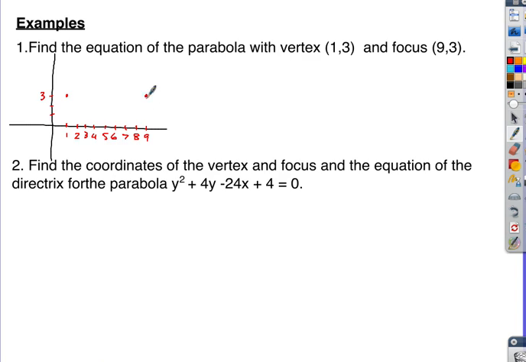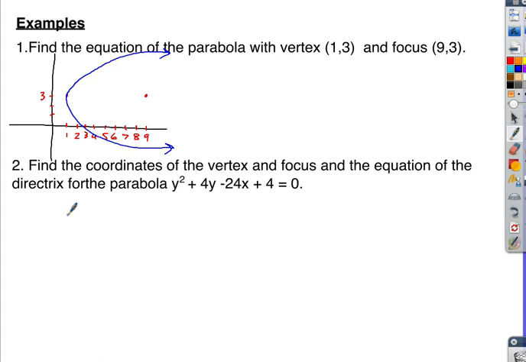Okay. So based on where the vertex is and the focus is, which way does it go? Goes to the right. You see that, Jason? Yeah. Concave right, because they told you that was the vertex and there's the focus, so it must go concave right.